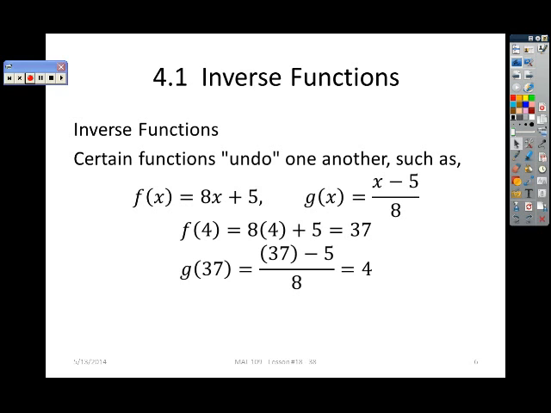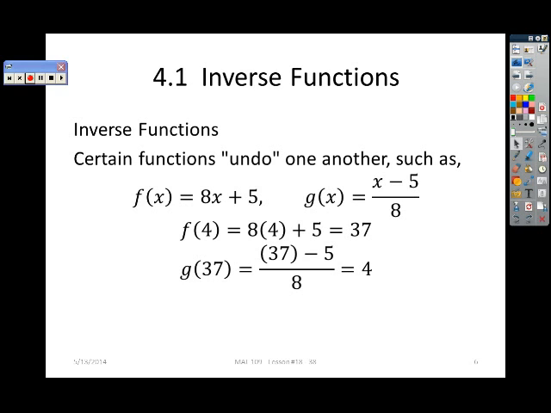So essentially applying both of those in sequence gets us back to our starting point. We started at 4 and we wound up at 4. So these two, at least for that number, are inverses of one another. I gave you a 4. We're going to look at it in a more general sense.